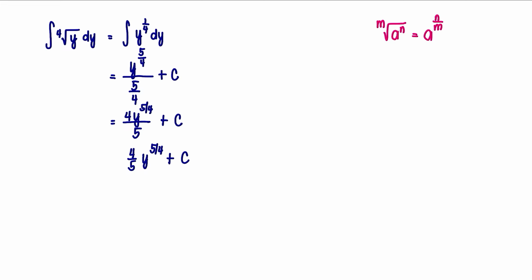Okay? Another example, let's try. We are to find the integral of dz over the fifth root of z to the power of 3. So, obviously, it does not follow the power formula. We have to change the radical form to the exponential form.